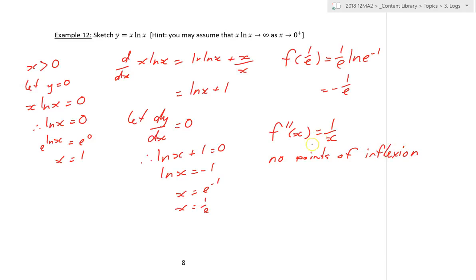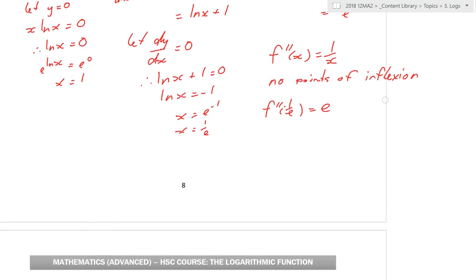But let's see what's happening in the second derivative at our stationary point there. f double prime of, not of x, but of 1 over e equals 1 over 1 over e equals e, which is positive. So things that I know.